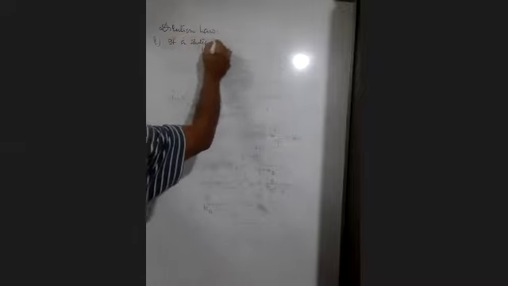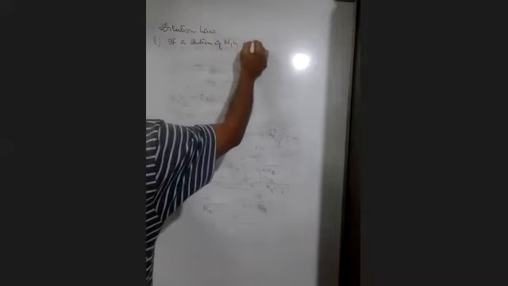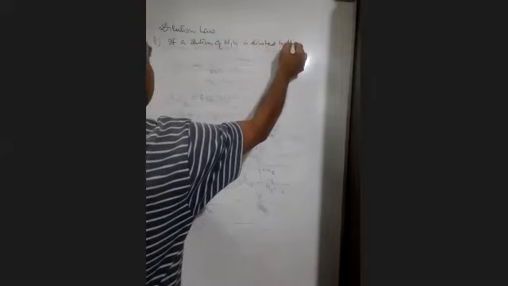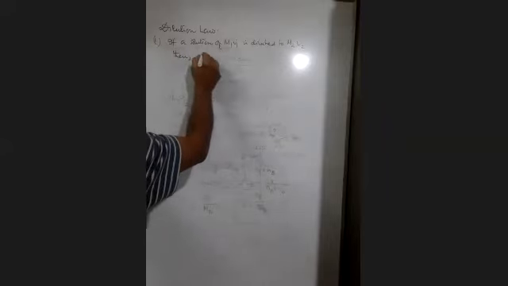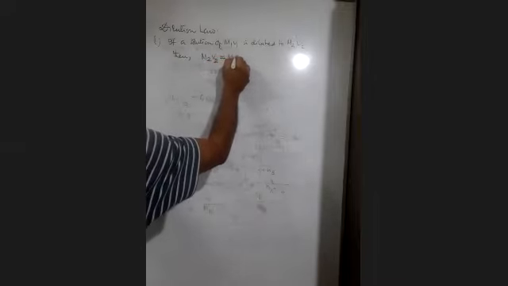If a solution of M1 V1 is diluted to M2 V2, this is the new molarity and this is the new volume, then M2 V2 is equal to M1 V1. Okay. So let me give one numerical.